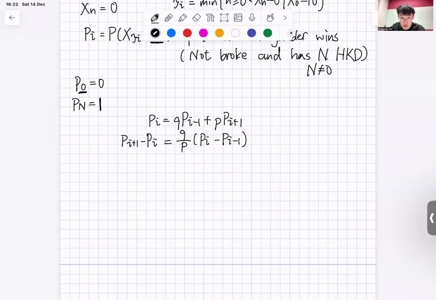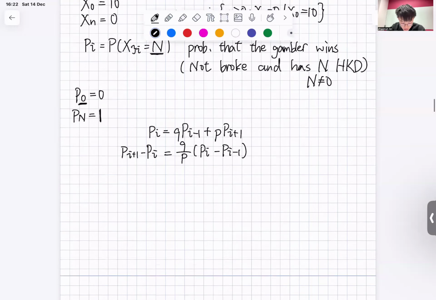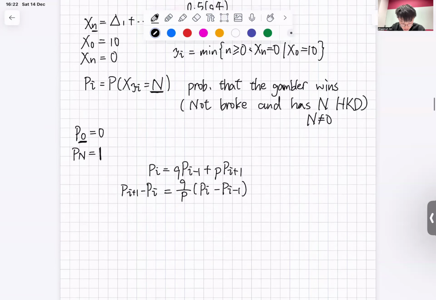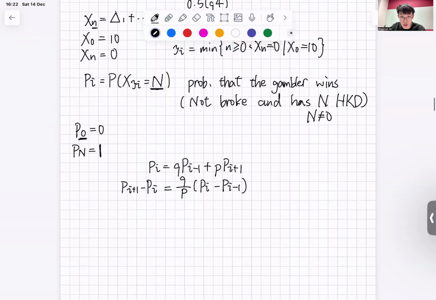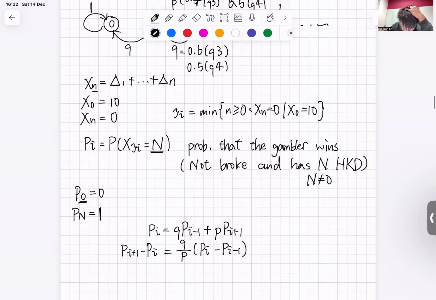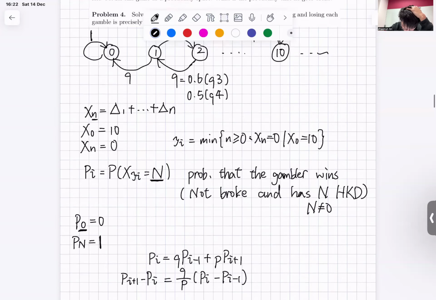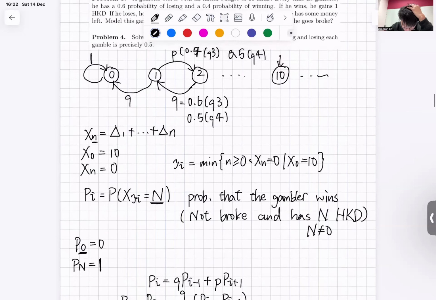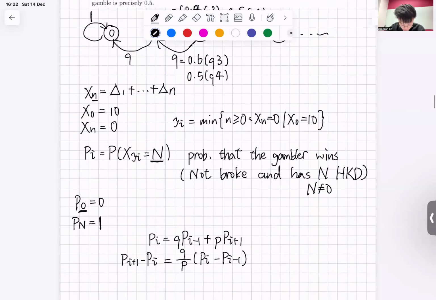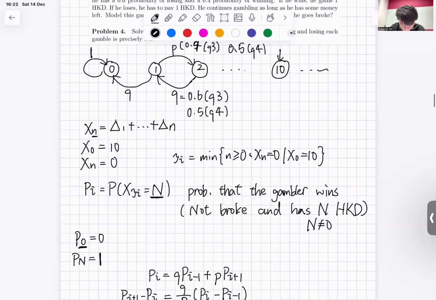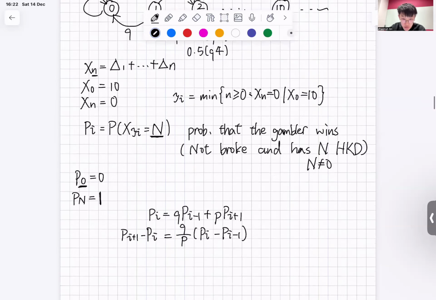Yes, so after rearranging the terms, we get this. And Pi, actually P should be the probability we win $1, and Q is the probability we lose.